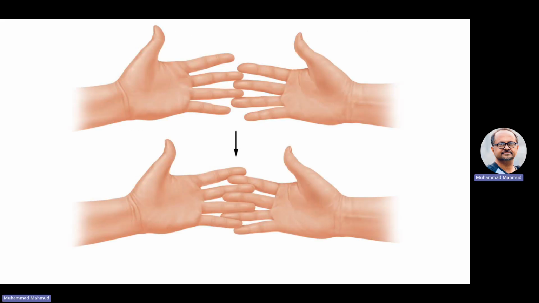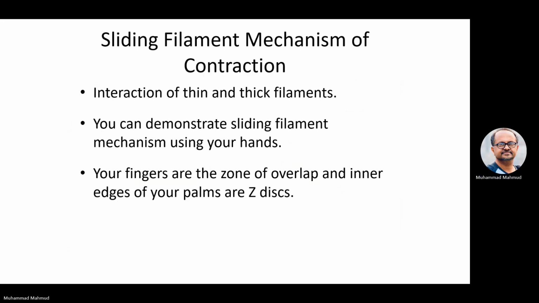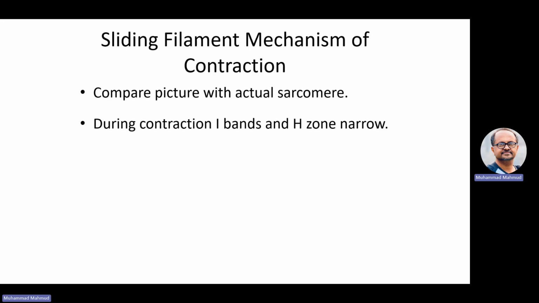Take a look at these two hands, the fingers. In the first picture, the fingers are apart, but when they slide past each other, the distance becomes less. In a similar way, the thick and thin filaments will interact and make the muscle become shorter.